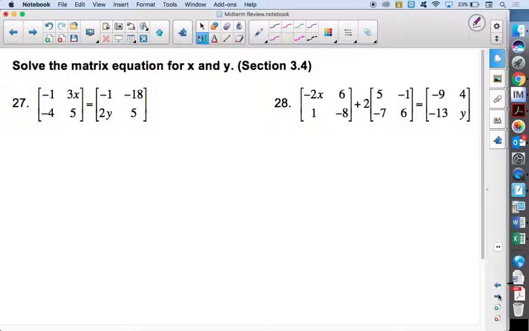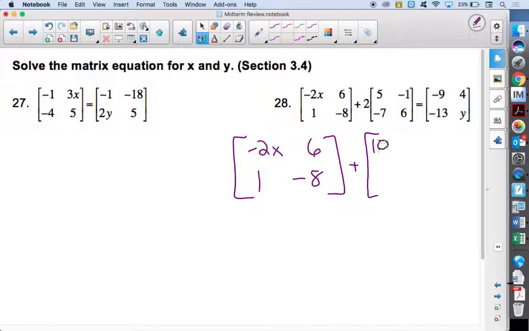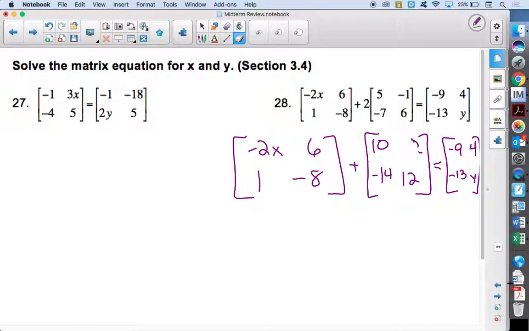Yeah, so let's distribute the 2 through that second matrix. Alright, so if we distribute the 2 through, we end up getting 10, -2, -14, and 12.